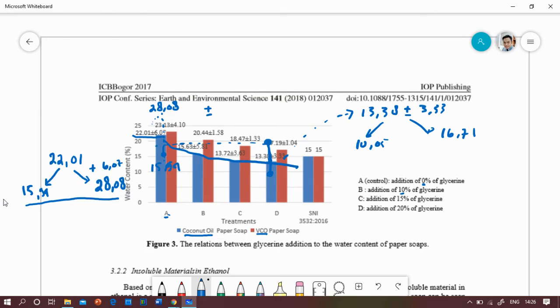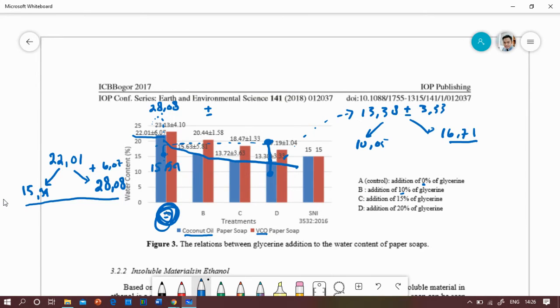Okay. So if you take a look at this one, well, first of all, the lowest value in the highest in here in A is 15.94 here. But at the end, there is still possibility that the value is 16.71. Do you get it? So it's overlapping.